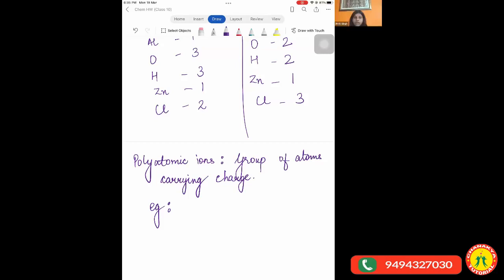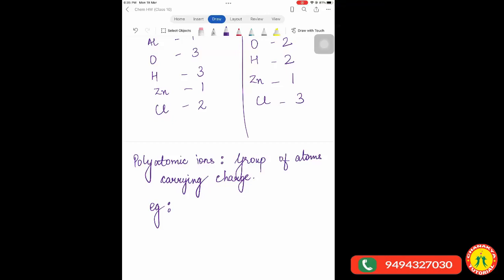Ma'am, hydroxyl. Correct. Anyone else? Ma'am, sulfate. Correct. Ammonium, very good. Any other? Aman, do you know any? Carbonate. Very good. Carbonate is absolutely correct.